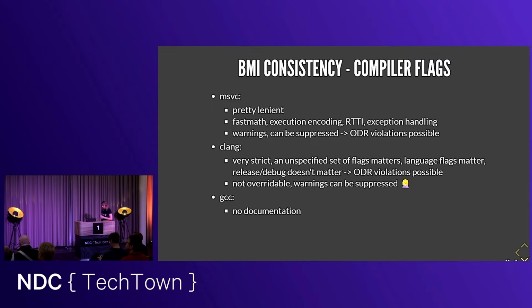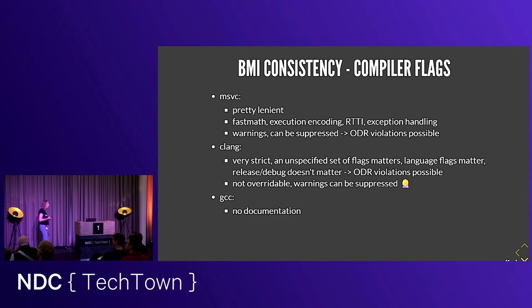And this ABI may be different from the one that you want to import a module into. And to prevent ODR violations because of API differences, compilers actually check if a compiled module interface, the BMI, matches the expectations from the importing translation unit.